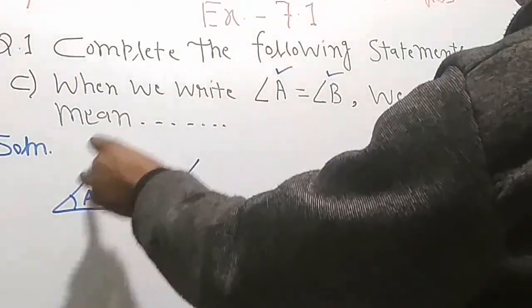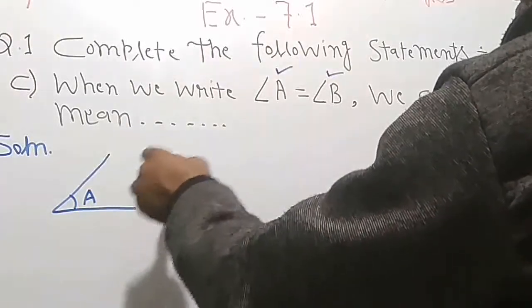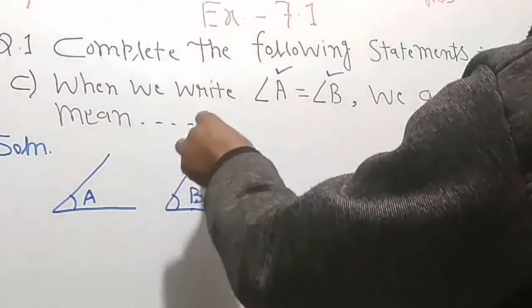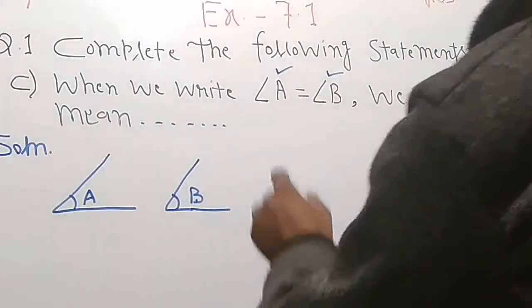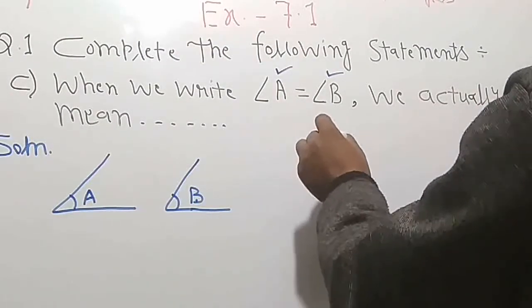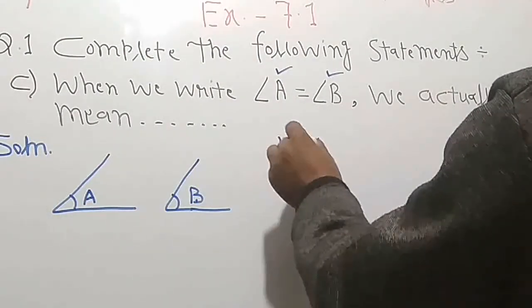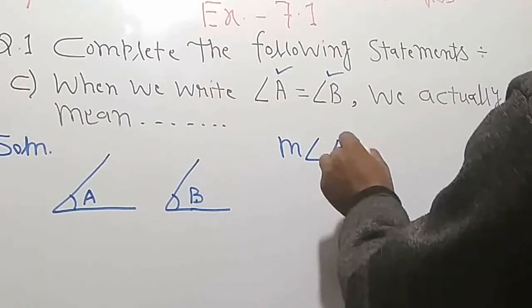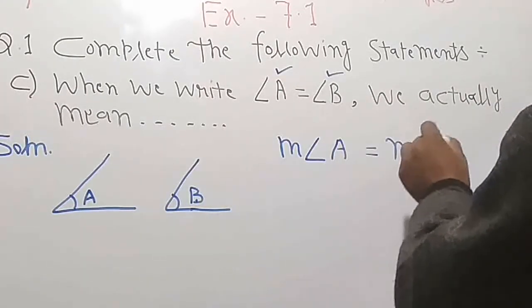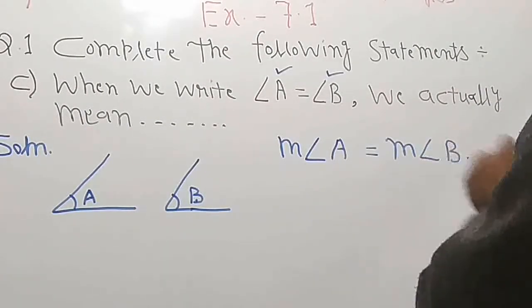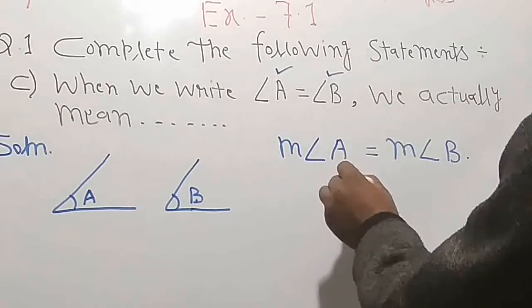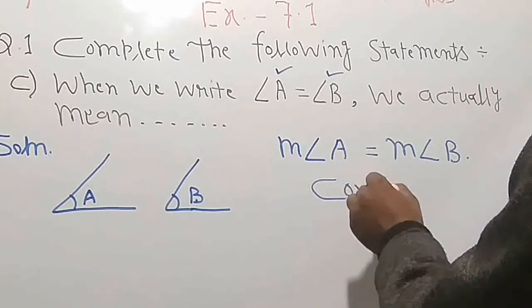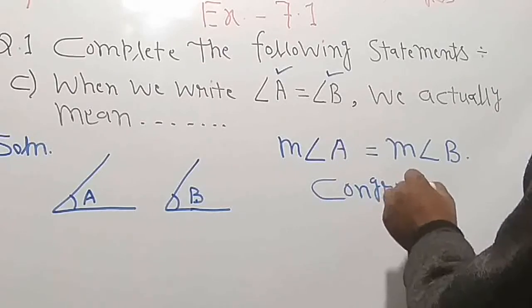The measurement of this angle is, suppose it is 60, then the measurement of angle B is also 60. So here we are talking about measurement of angle A is equal to measurement of angle B. It means if they are same, they are congruent.